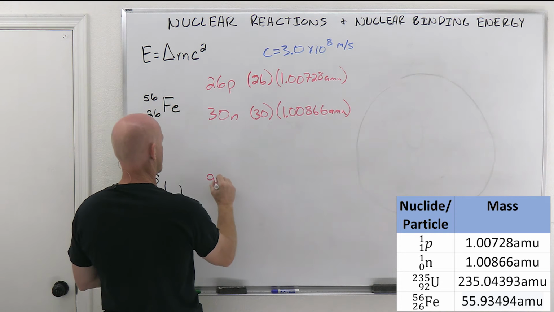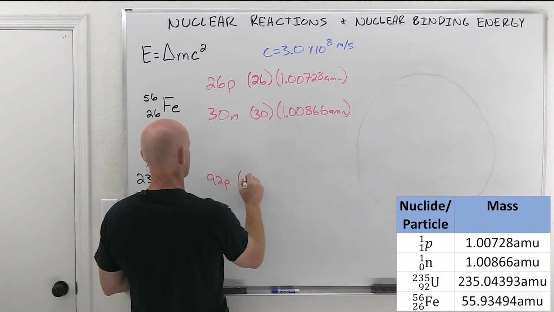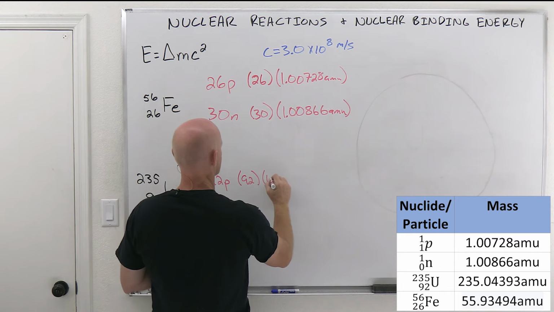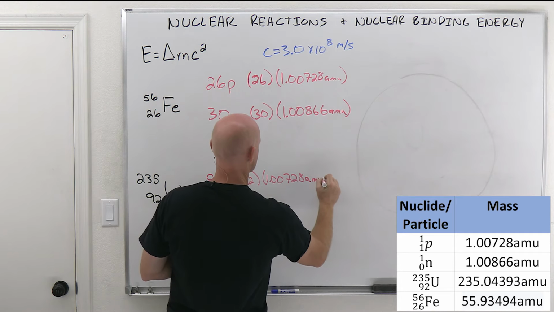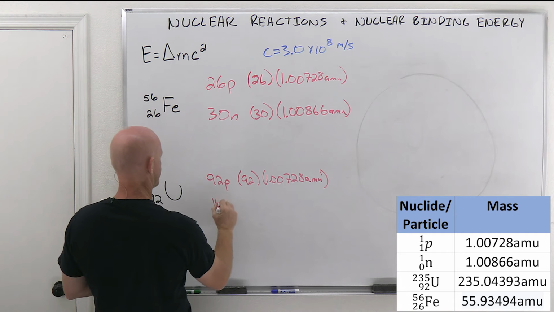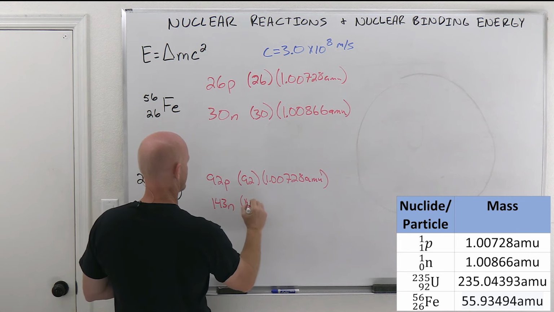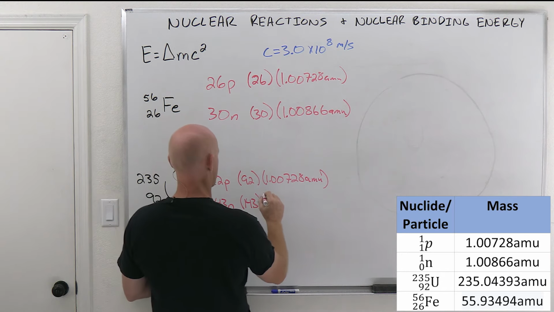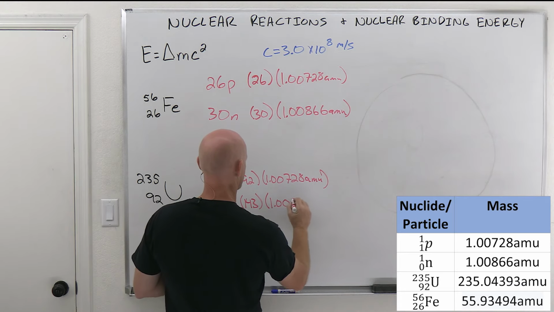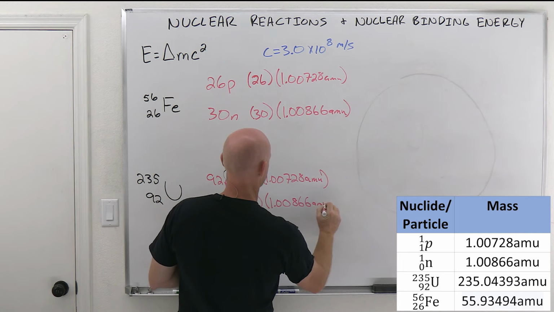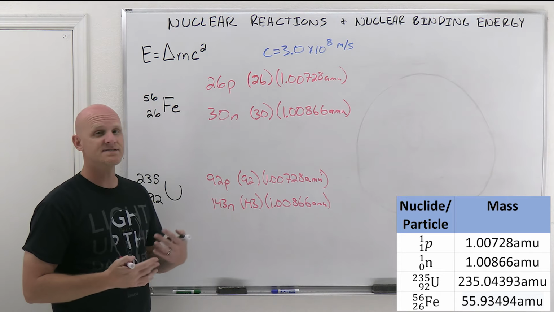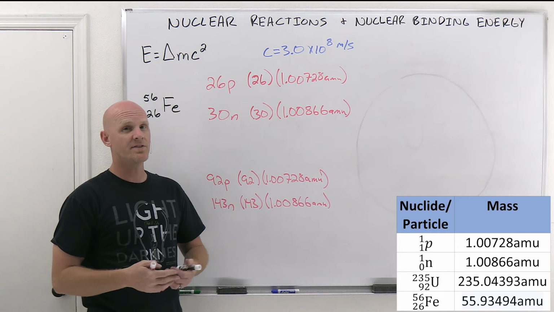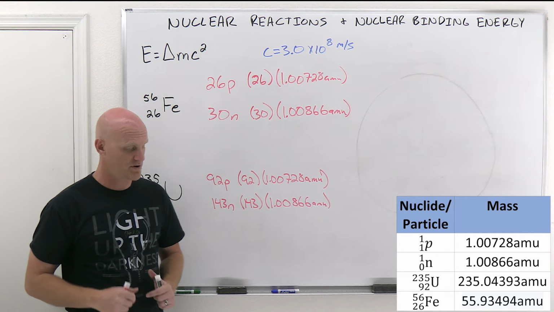So here we've got 92 protons, so 92 times 1.00728 AMUs, and then 143 neutrons, so 143 times 1.00866 AMUs. And so we're going to weigh out those constituent nucleons and see how much we would expect it to weigh if we put them all together.